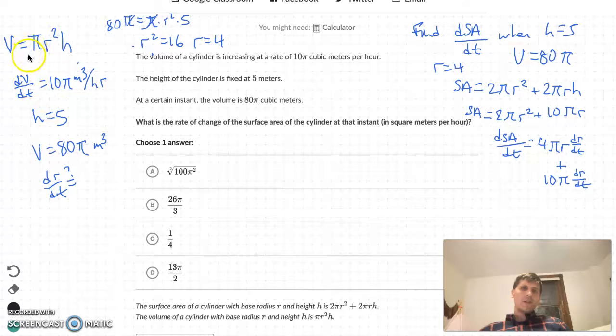R is 4. I'm trying to keep myself organized, and then I need to find dr/dt, which I think I could find because I know what dV/dt is. I'm going to differentiate this volume equation up top. Let me rewrite this equation because the height we know is 5. So that's 5 pi r squared. So let me erase this.